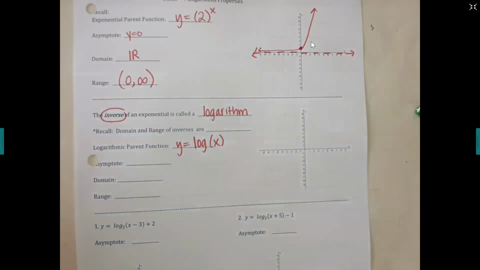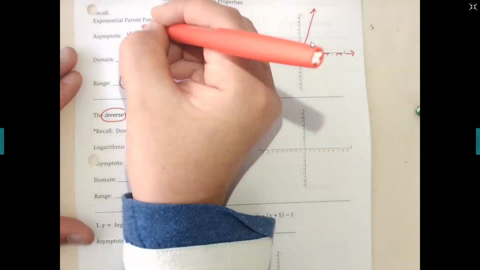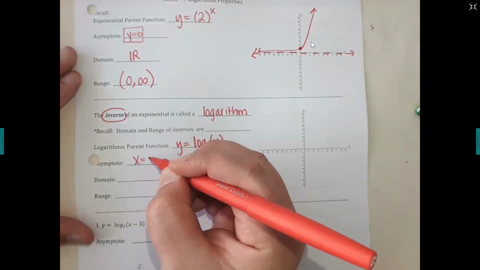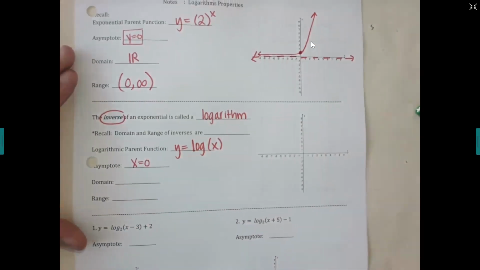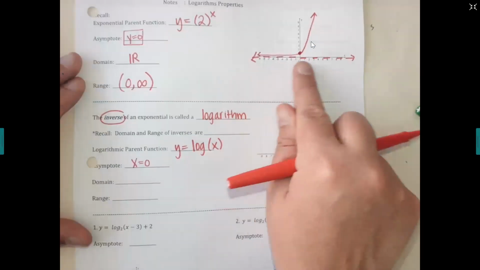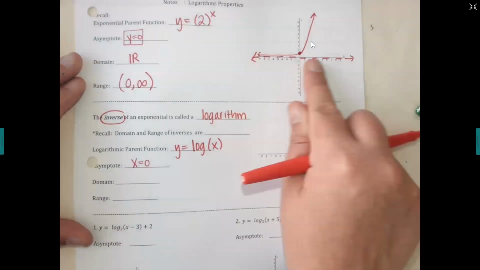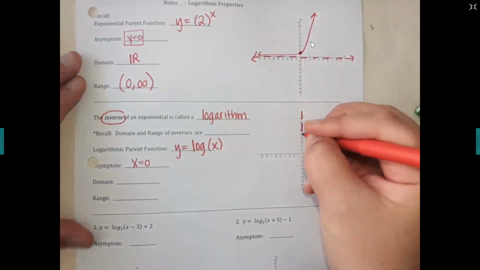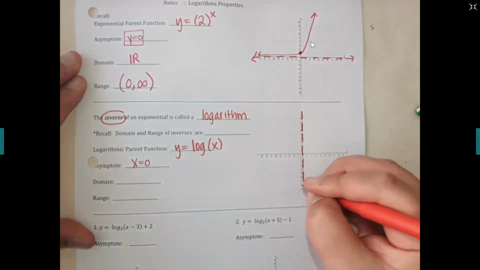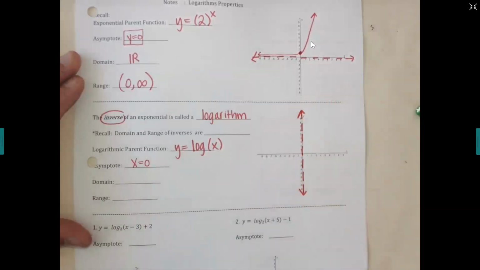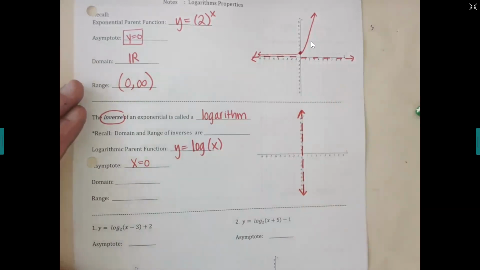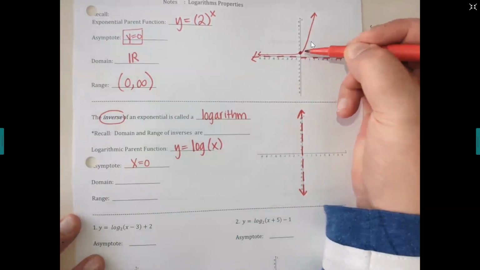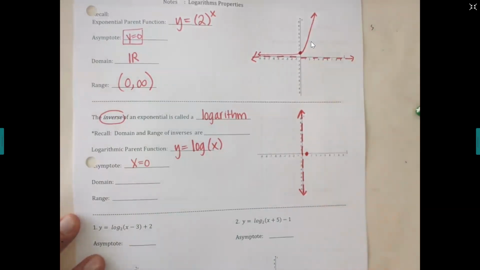So if your original asymptote was y equals 0, I'm going to change that to x equals 0 for a logarithm. So keep it at 0, but draw your dotted line running this way. And then instead of placing your one marker dot one above, you're going to place it one to the side.